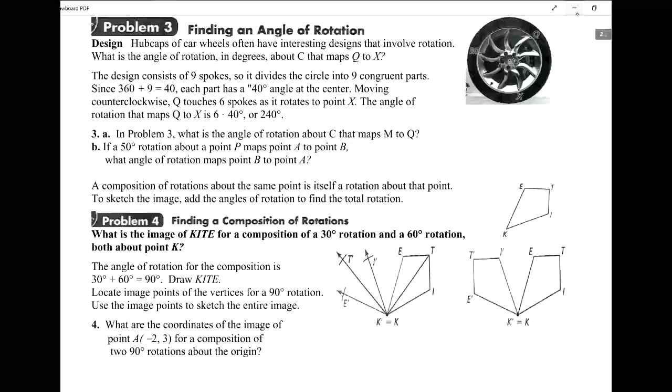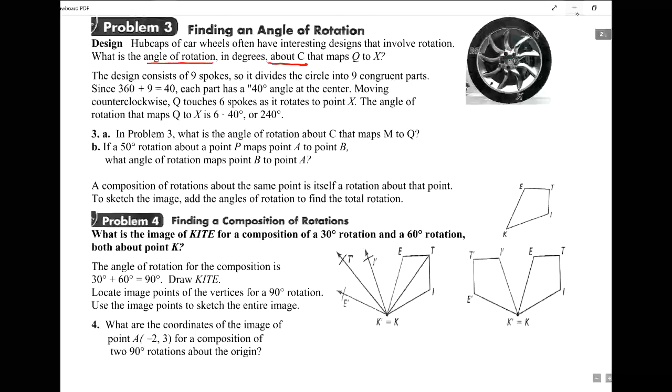How do we find the angle of rotation? Well, I have a feeling that this is just the opposite of what we just did. All right, hubcaps of a car wheel often have interesting designs that involve rotation. What is the angle of rotation in degrees about C?